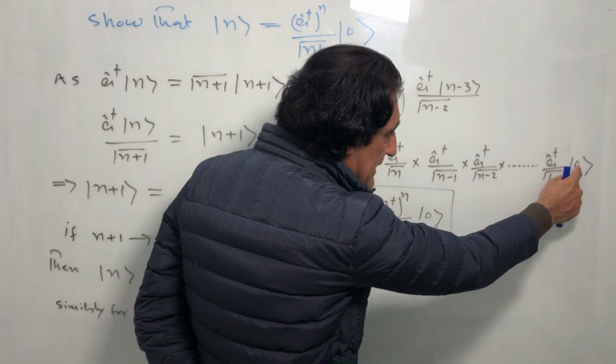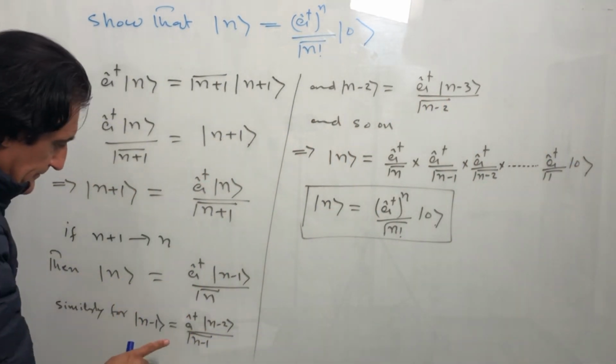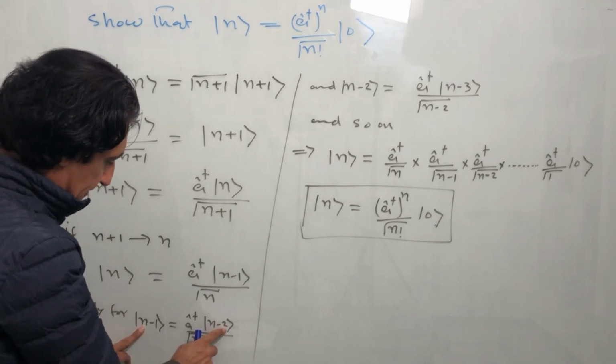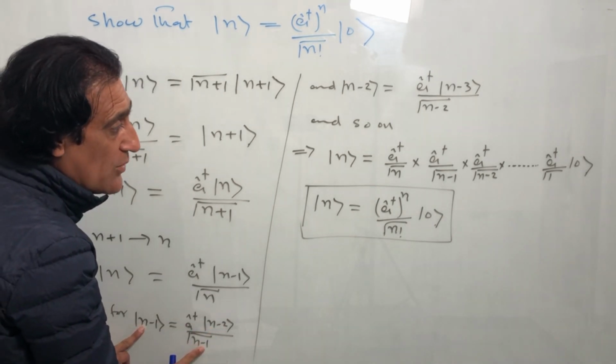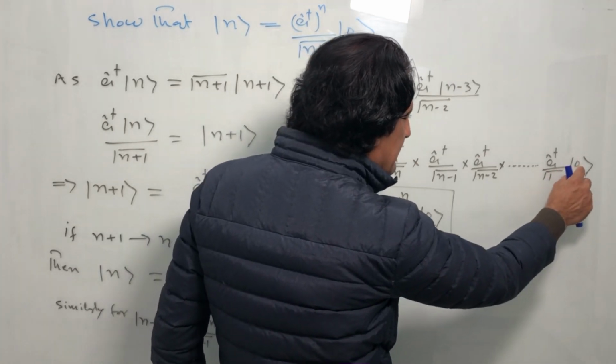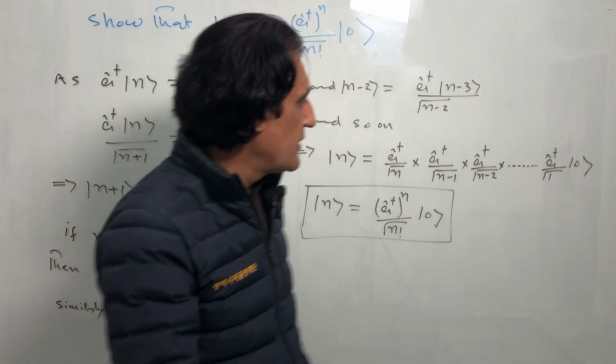then the next step is 0, because if you look here, this is n minus 1, then n minus 2, and this is n minus 1. So if here is 1, then the lower state must be 0.